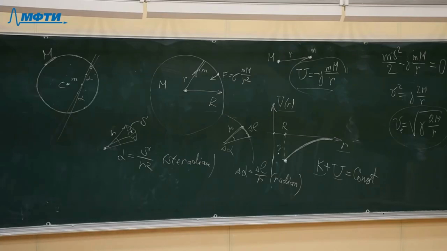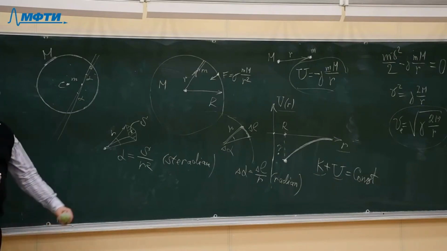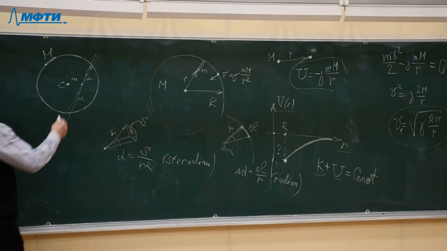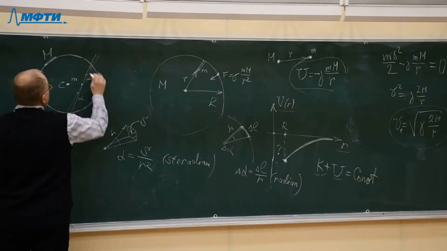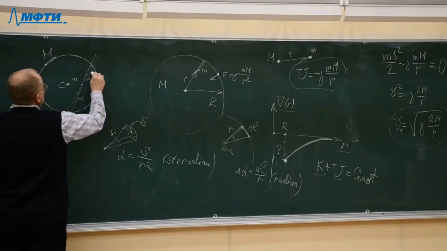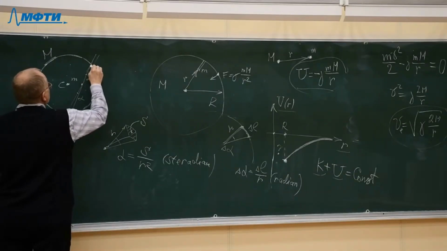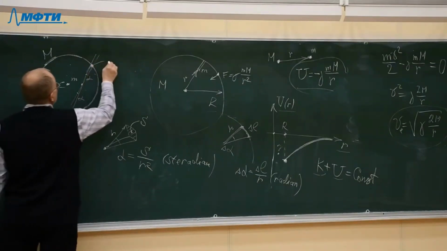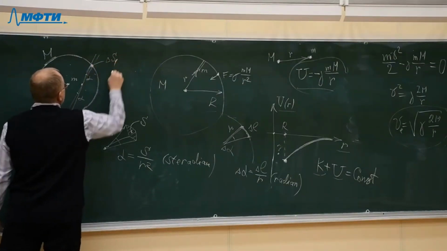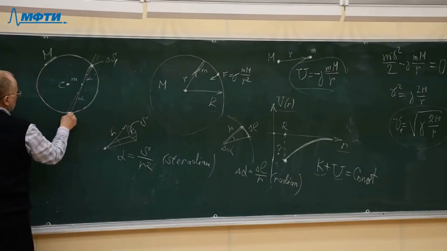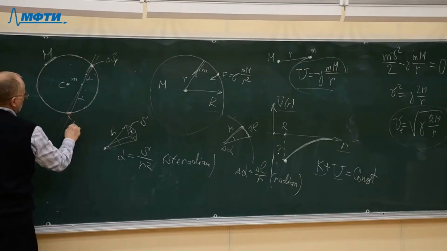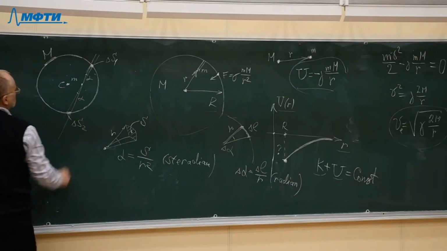A simple example of a spatial angle is the corner of a room. There you can see a spatial angle. So here, if we consider this spatial or solid angle alpha, it will determine some area here, delta S1, and some area on the surface of the sphere, delta S2.